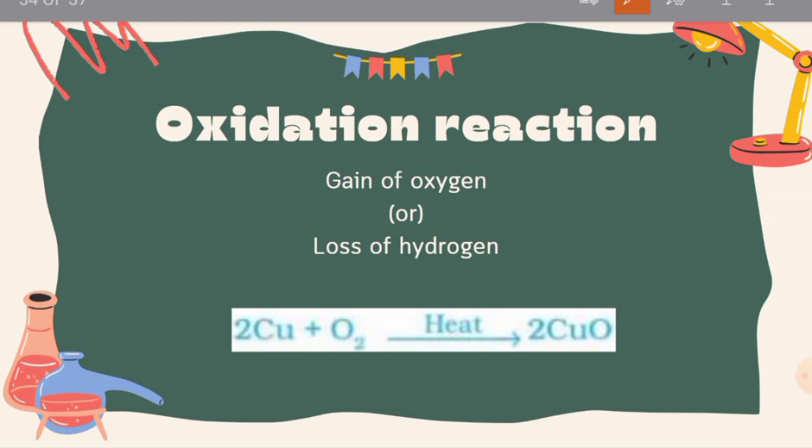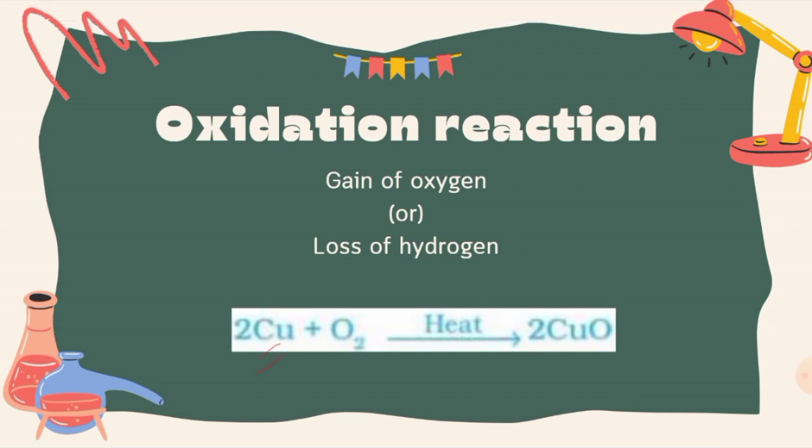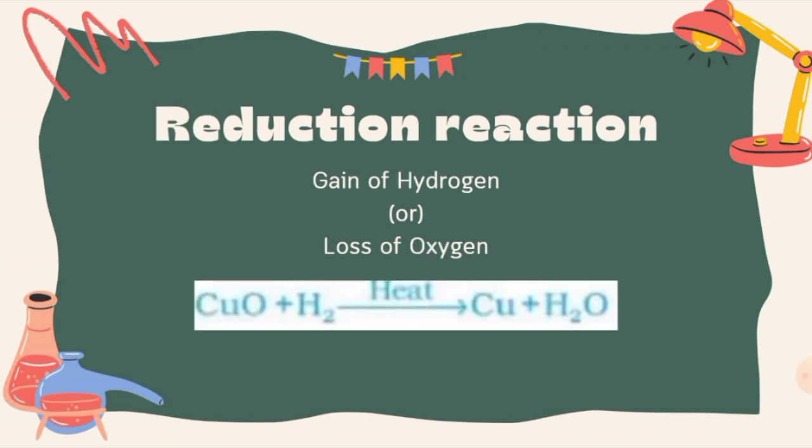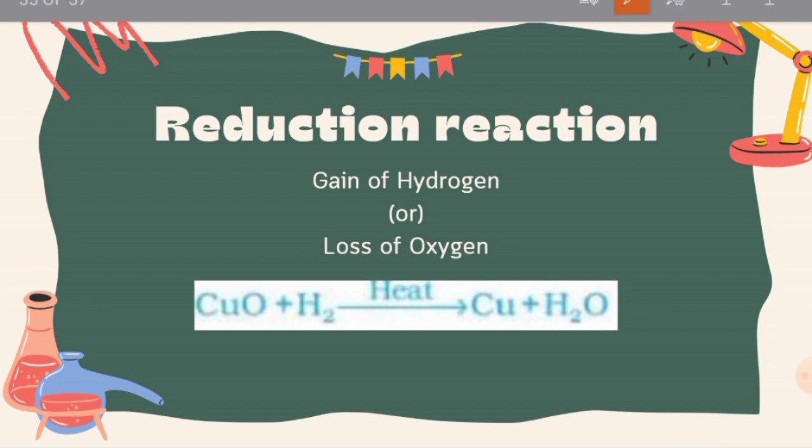Copper is getting oxidized. Next we will see reduction reaction, just the opposite. Gain of hydrogen or loss of oxygen is called a reduction reaction. In the previous reaction, copper plus oxygen gives rise to copper oxide. Now if I want to get back copper from copper oxide, I can simply add hydrogen and I'll get copper plus water.